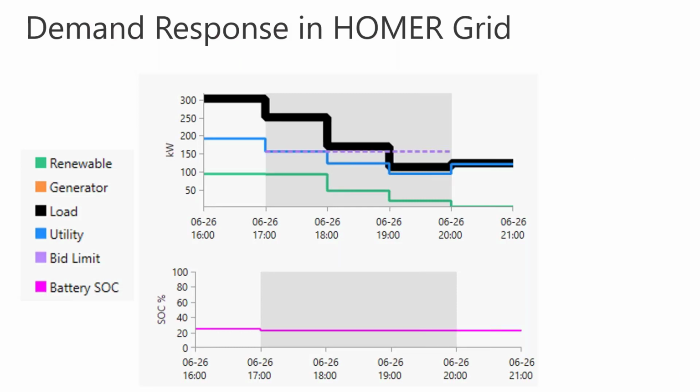So just a sneak peek at what we'll see ahead. In HOMER Grid, you have 3 options to specify the demand response event. You can specify a kilowatt value to which you want to reduce your load and meet the bid, or you can say that you're going to reduce your consumption by X number of kilowatts, or you can allow HOMER to optimize each event and find the best bid for you.